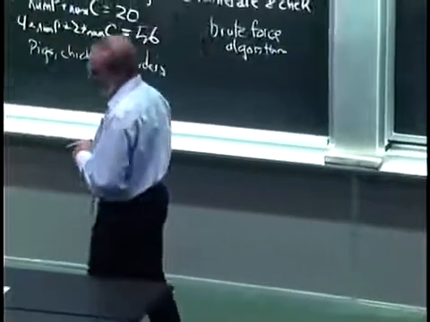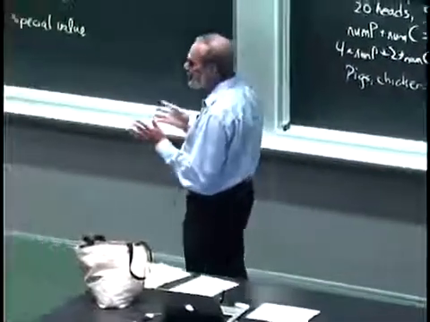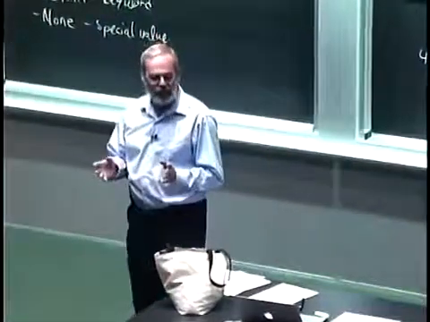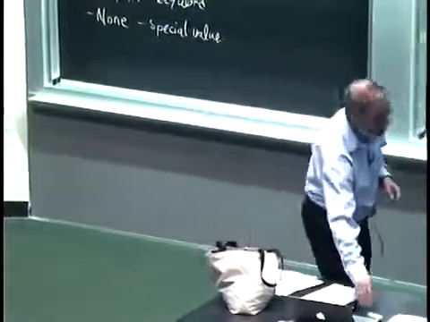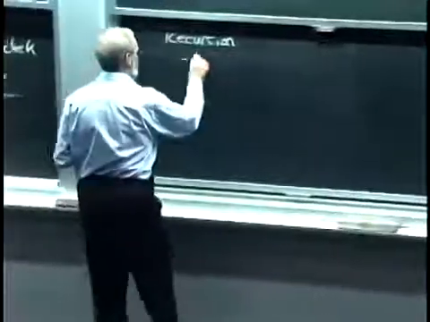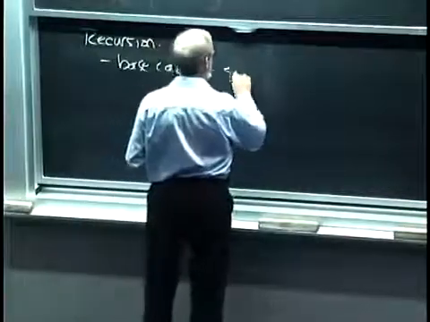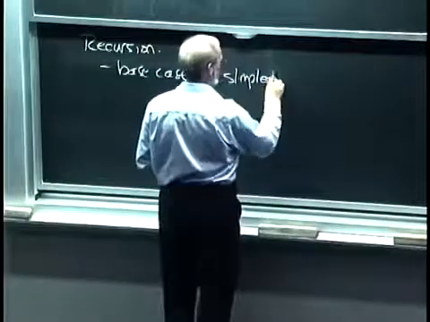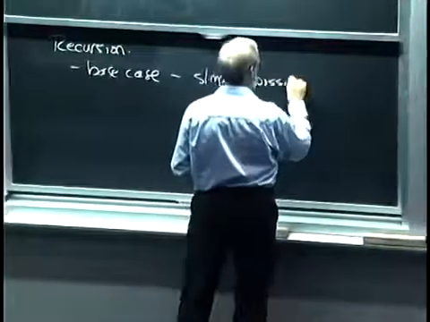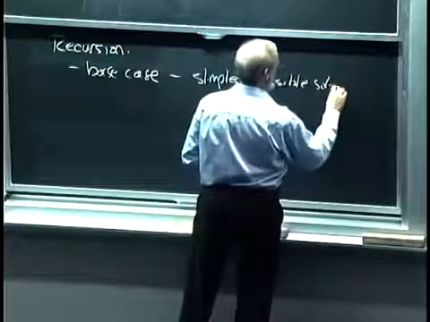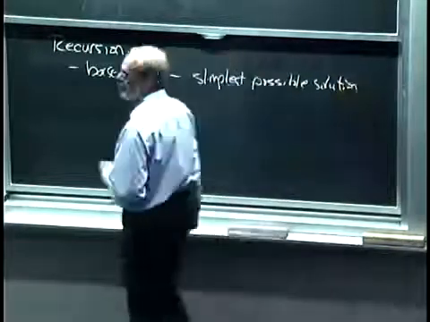So what's the definition? If you're born in the United States, you are by definition a natural-born U.S. citizen. And we call that a base case. It's basically the simplest possible solution to the problem.